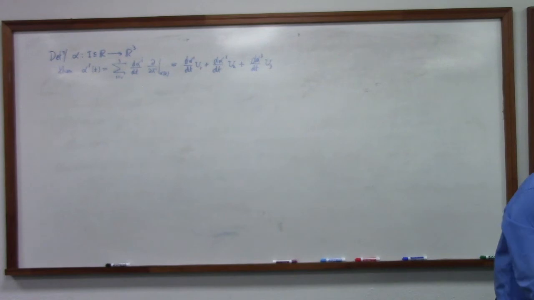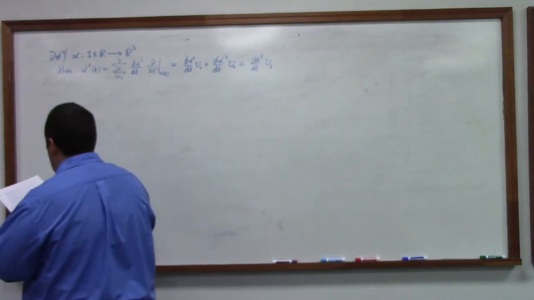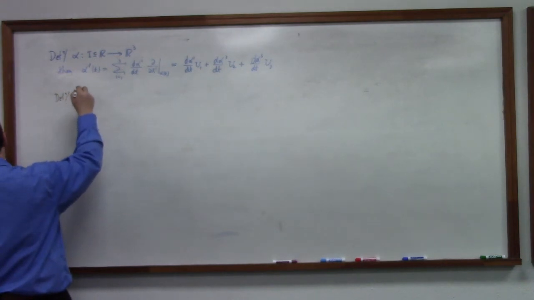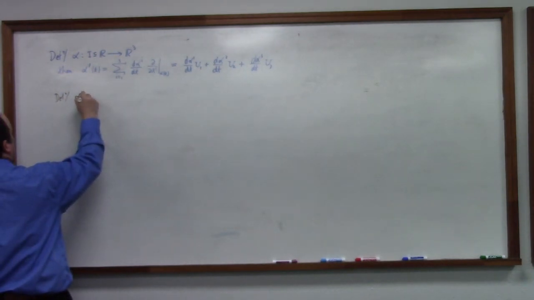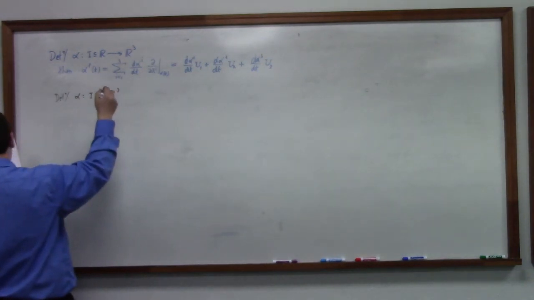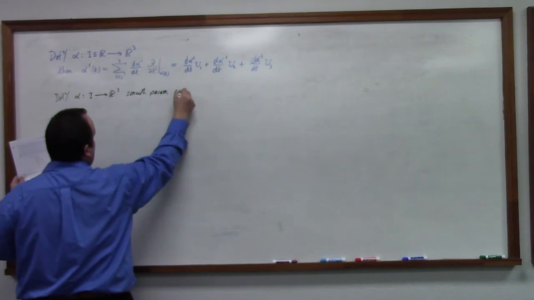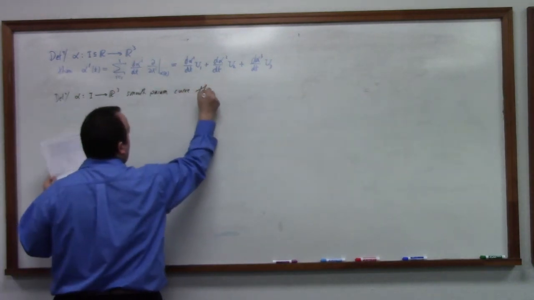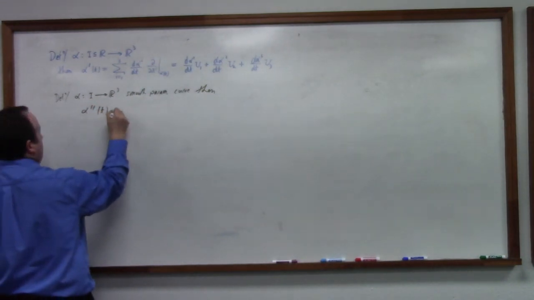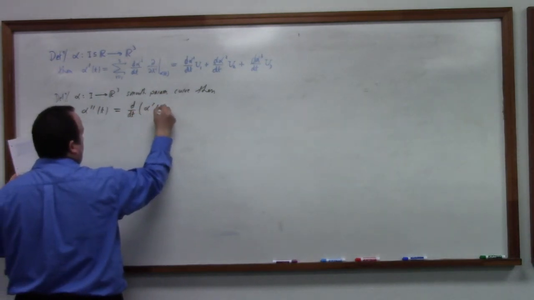What's new now is we can define the acceleration of a curve. Definition: alpha from I to R3 as above, a smooth parametrized curve. Then alpha prime prime of t is equal to d/dt of alpha prime of t.